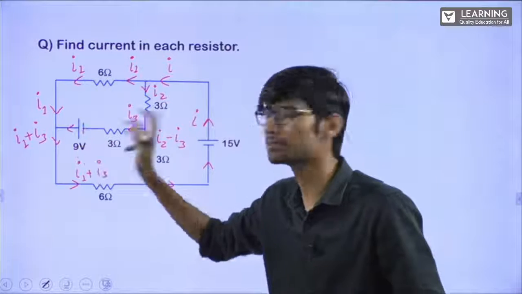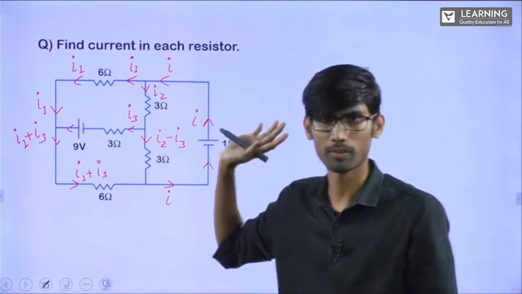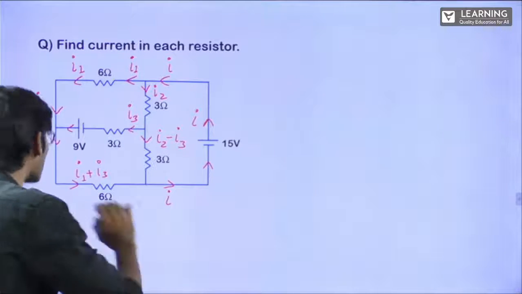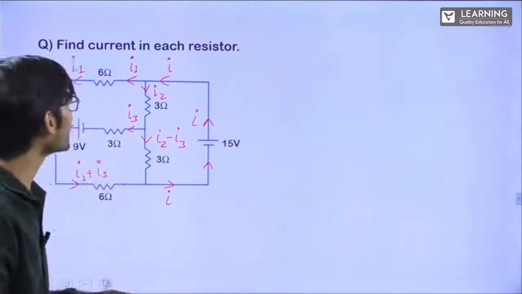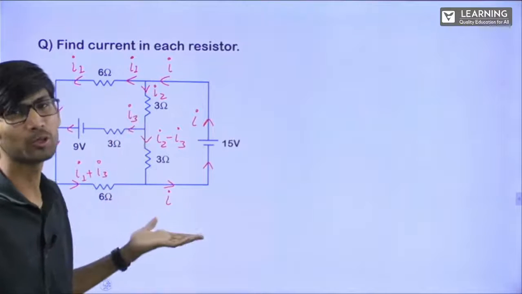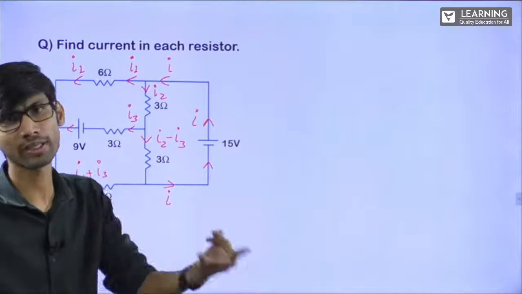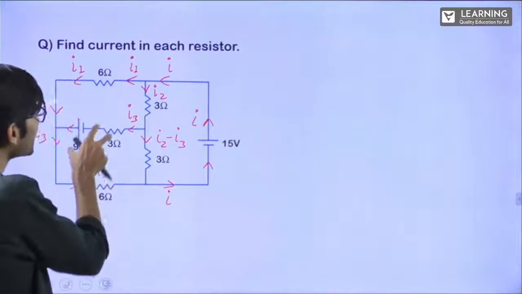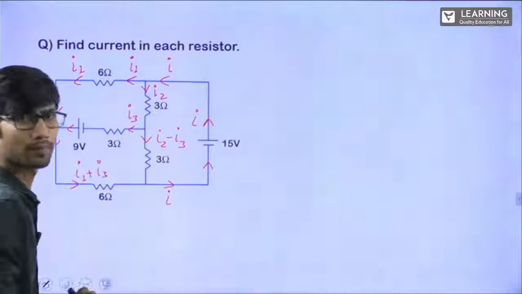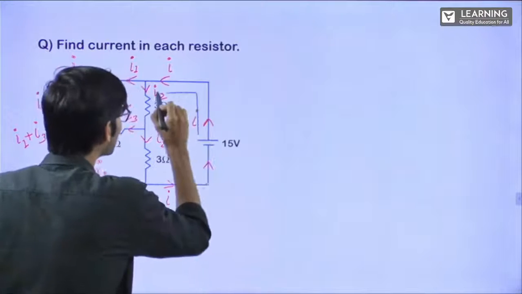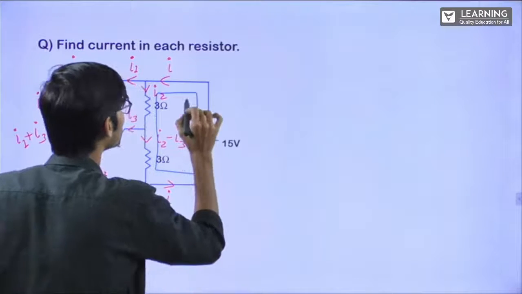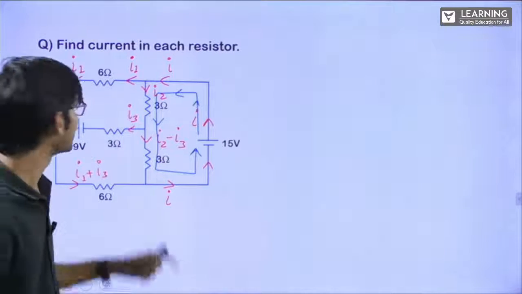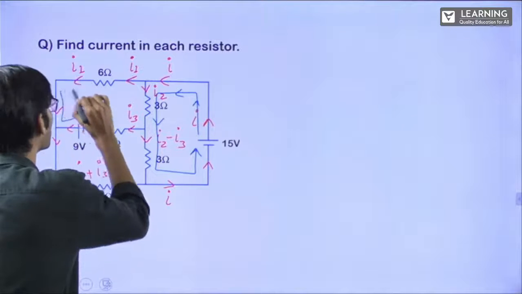You can do it from this battery also, not a problem. Now, second thing is loop. How many unknowns? I1, I2, I3. 3 unknowns, 3 loops, right? So we can take 3 small loops, these 3. One loop I will be taking this one. Second loop I will be taking this one.